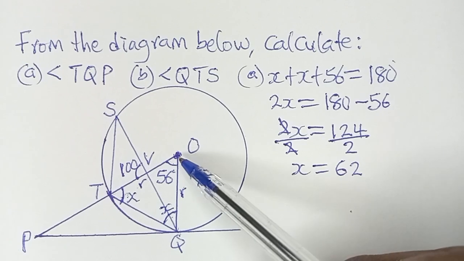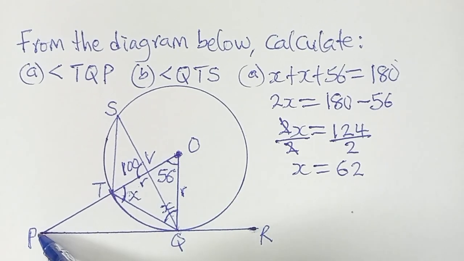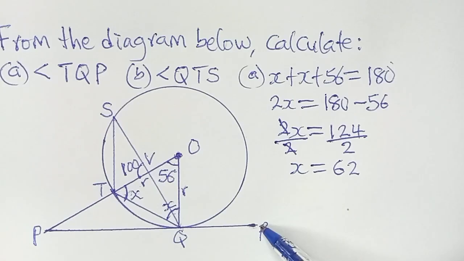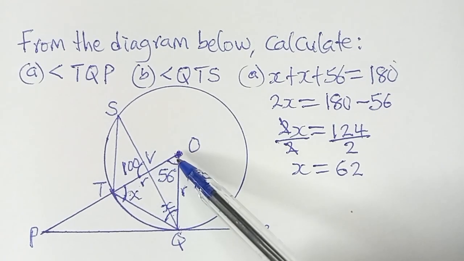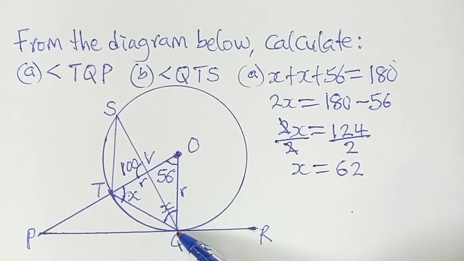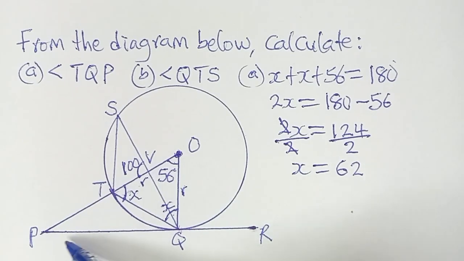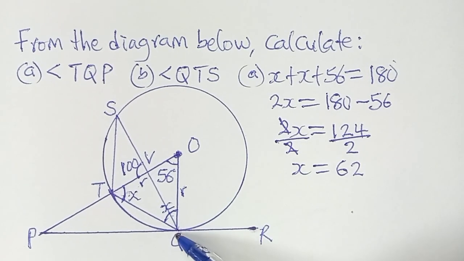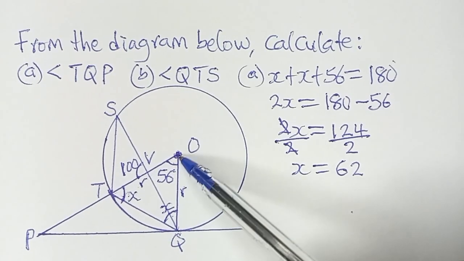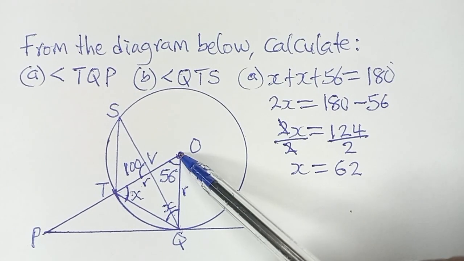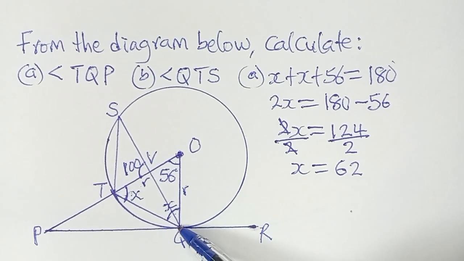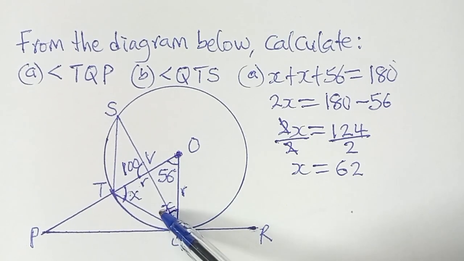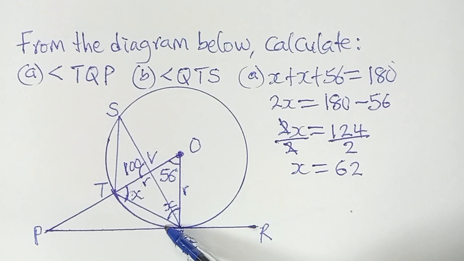Then, don't forget, this line PR is a tangent. It is tangent to the circle at this point Q, because an external line that touches a circle at one point is a tangent. So a line from the center of a circle to a tangent is perpendicular to the tangent, or is at a right angle to the tangent.